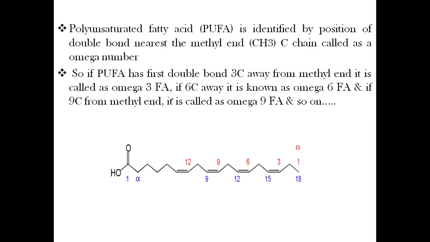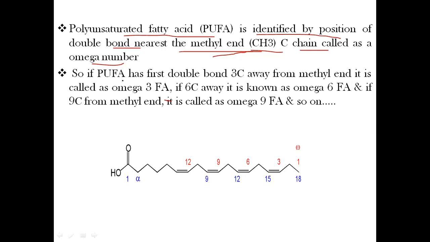Next one is the polyunsaturated fatty acid. It is identified by the position of the double bond nearest the methyl end, the CH3 end, of the carbon chain, called the omega number. So the polyunsaturated fatty acid is named by the methyl end carbon chain.